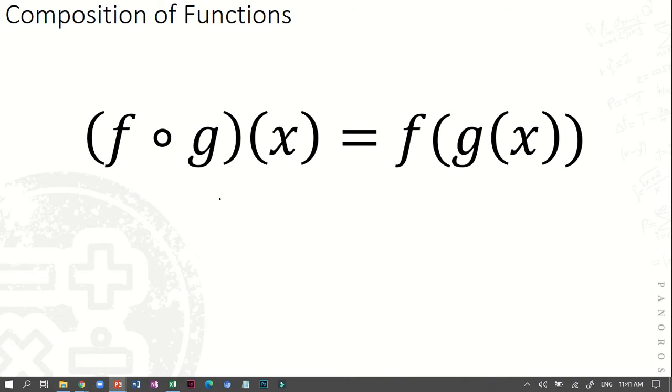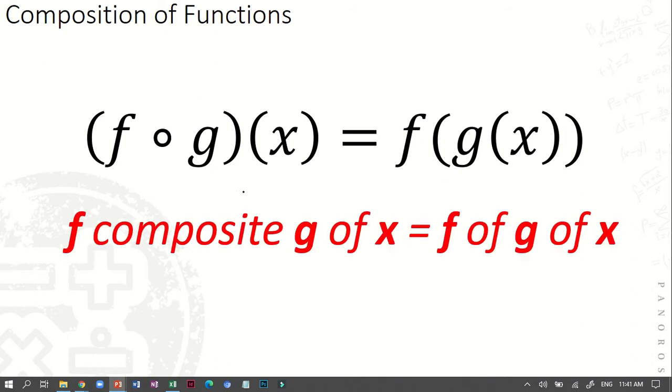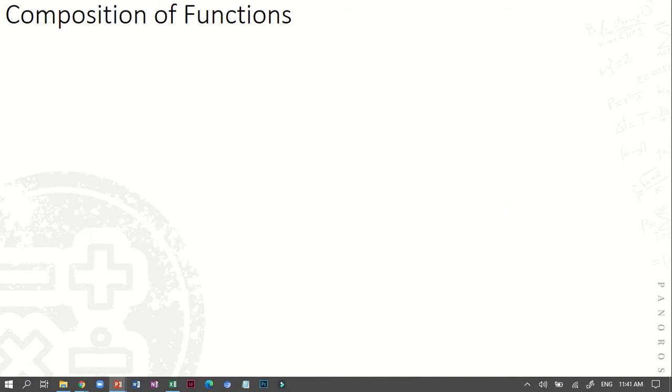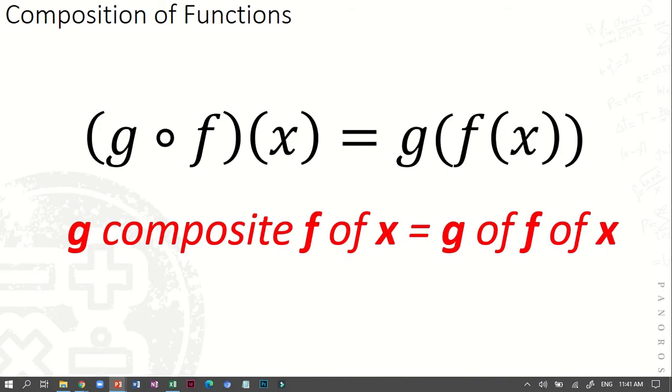Balik tayo. Ito yung first function natin sa example ko kanina: F composite G of X equals F of G of X. Kung siya ay ating babaliktarin, magkakabaliktad yung letter F sa letter G natin, mababaliktad din yung way of reading.